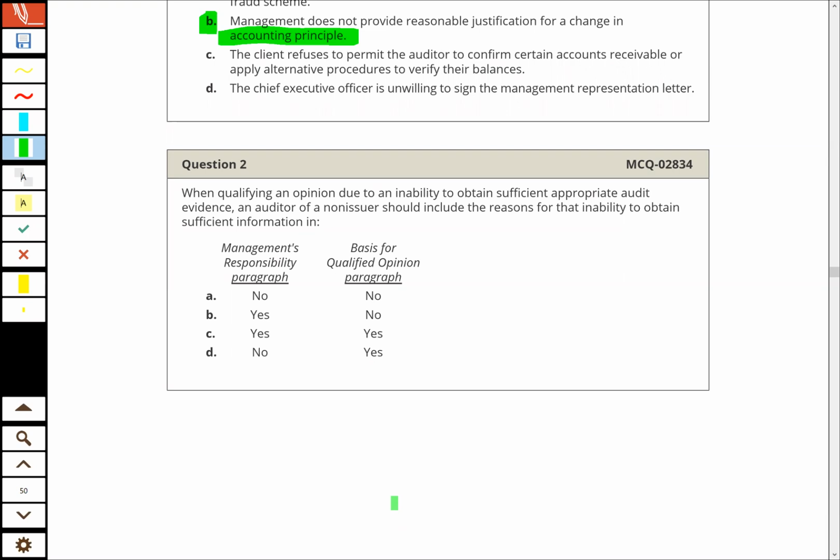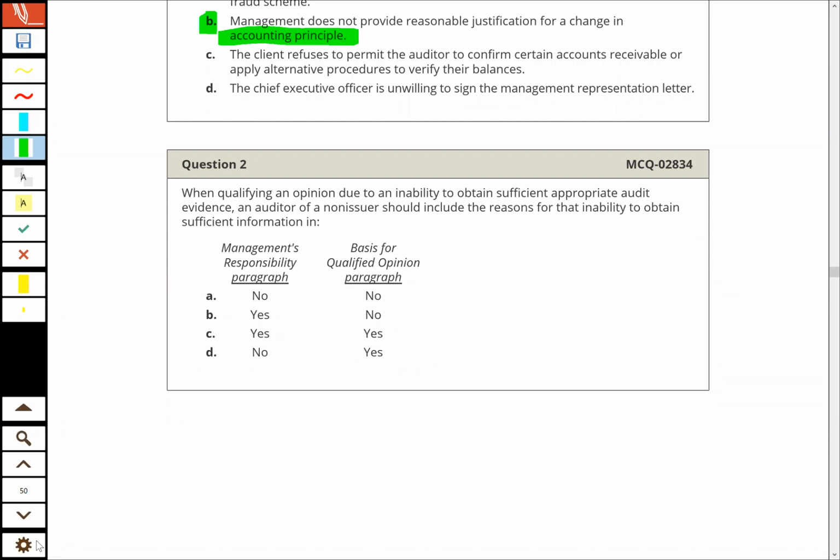Okay, guys, I'm going to go ahead and end the poll so that we can get out. I'm going to ask if you're messing with me, because nobody picked A. That means nobody thinks it's a no for management responsibility or basis for the opinion when we have a qualified opinion due to the inability to obtain sufficient appropriate audit evidence.